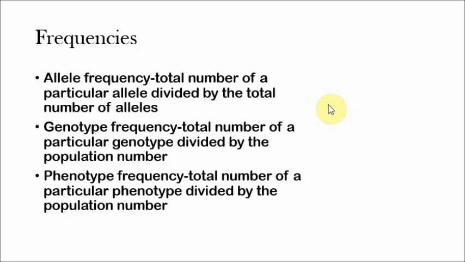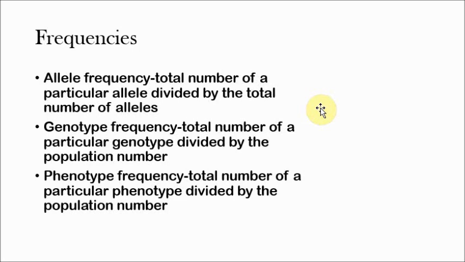Obviously, we're going to be dealing with much larger populations than these, especially with Hardy-Weinberg equilibrium, but that gives you an idea. Also, you can generally find the total number of alleles in a population by taking the population number and just multiplying by 2, because each gene will have 2 alleles.